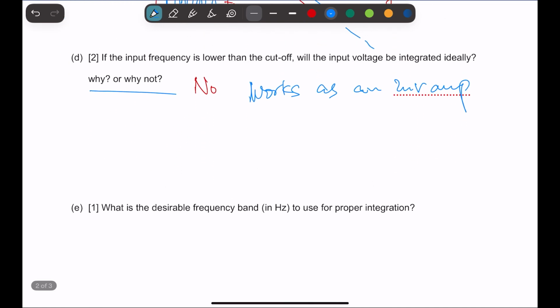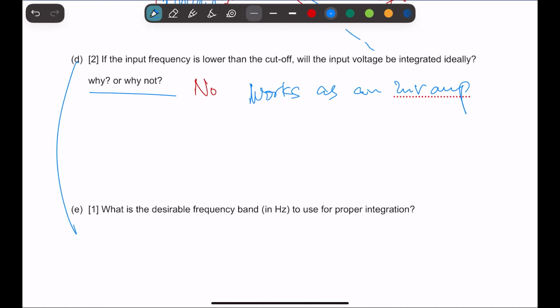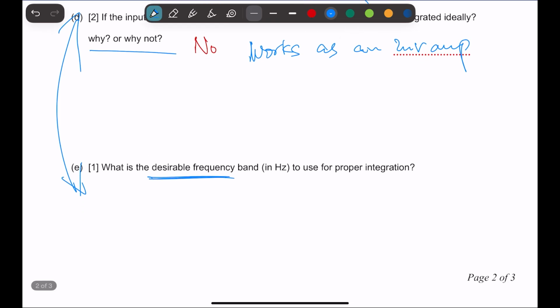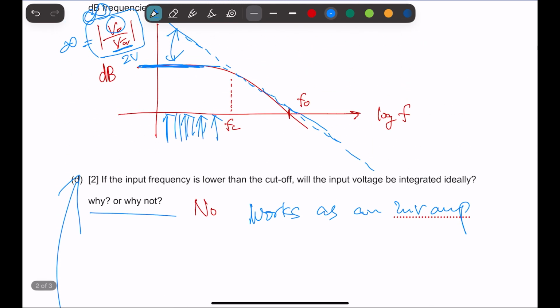And then the next question is, these two are basically the same. It's looking for the desirable frequency band. And the desirable frequency band is this range, right?